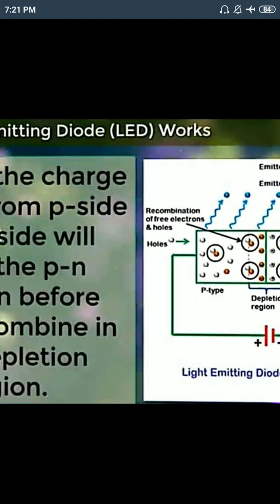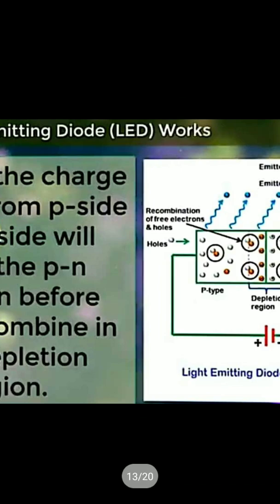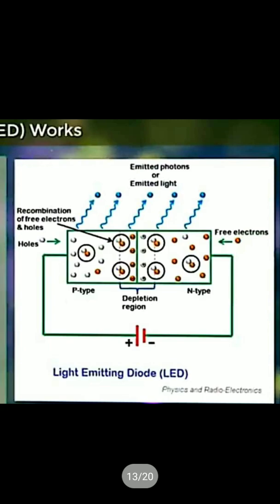You see that this recombination takes place inside the p-type region, and here inside the n-type region, and 1, 2, 3, 4 is near the junction, that means inside the depletion region. So the recombination not only takes place inside the depletion region, but also in the P side and the N side.